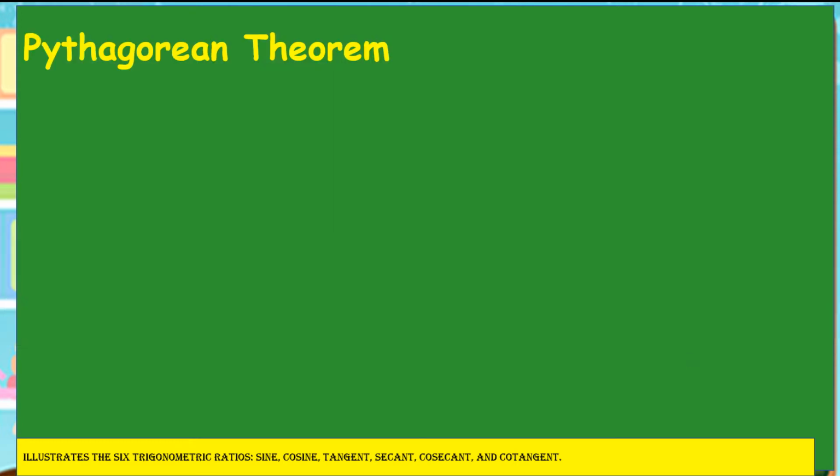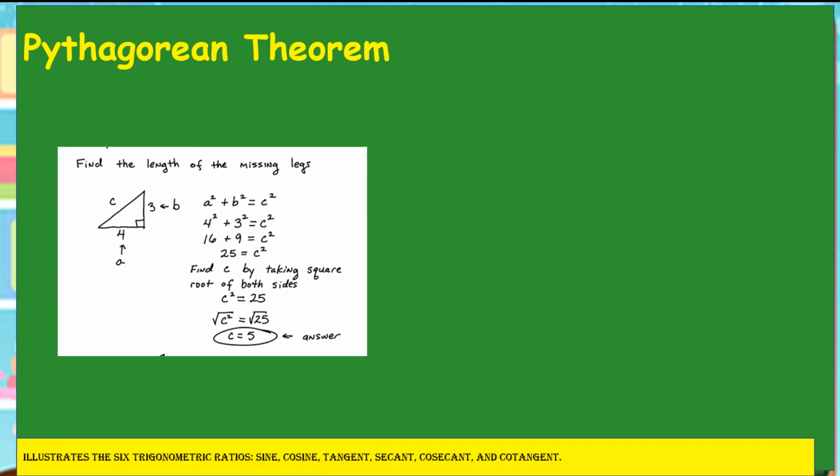So, in the Pythagorean theorem, if the hypotenuse is unknown, we can use the formula c squared is equal to a squared plus b squared. Example: find the length of the missing side. In this figure, the value of a is 4, the value of b is 3, and the value of c, the hypotenuse, is unknown.